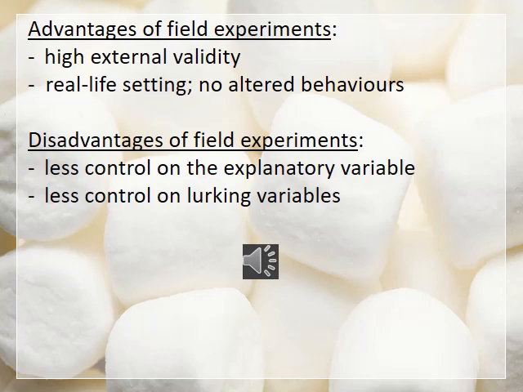Also, my subjects will never alter their behaviors because they don't know they're taking part in an experiment. The disadvantages, I mentioned them already. You have less control on your variables. You have less control on your lurking variables as well, because you do not control everything that happens in a real-life situation.